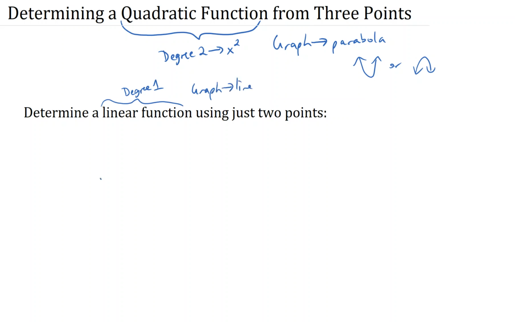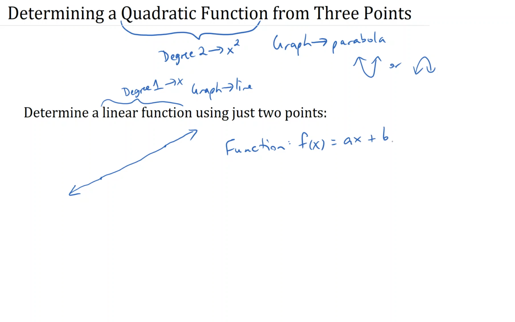So you can imagine if you have 2 points, you can easily determine the line, and then the function, since it's degree 1, meaning it just has x, no x squareds, no x cubes, etc., might be something like f of x equals some coefficient a times x to the first plus a constant b.